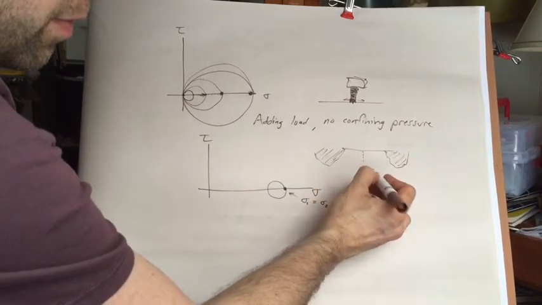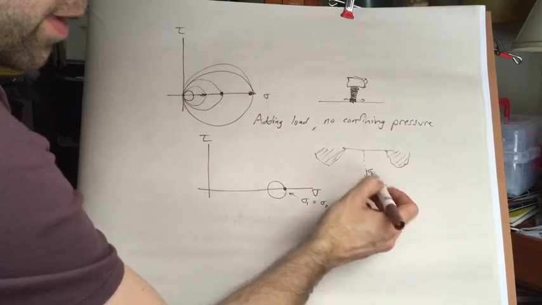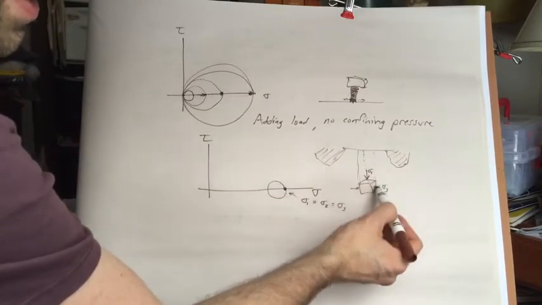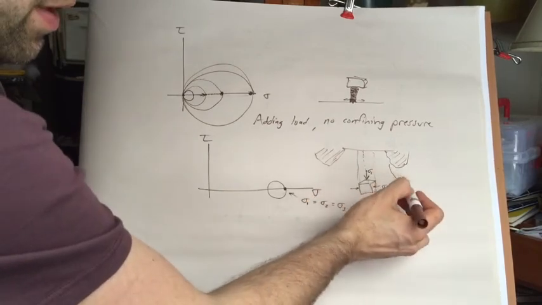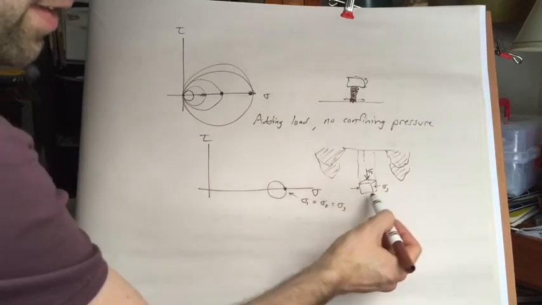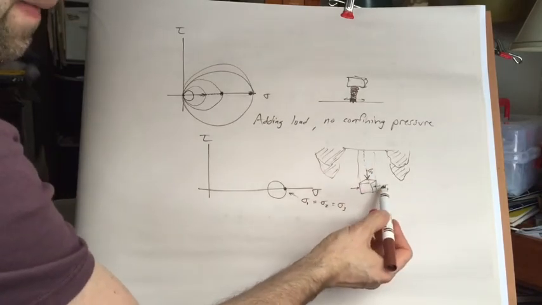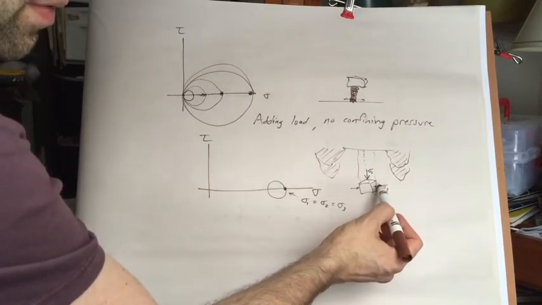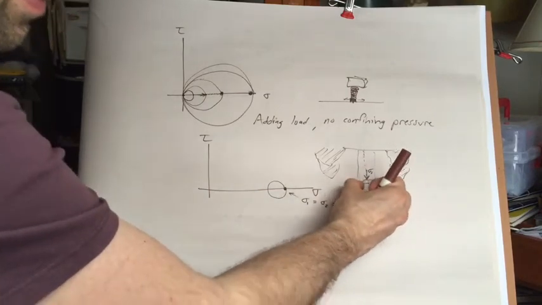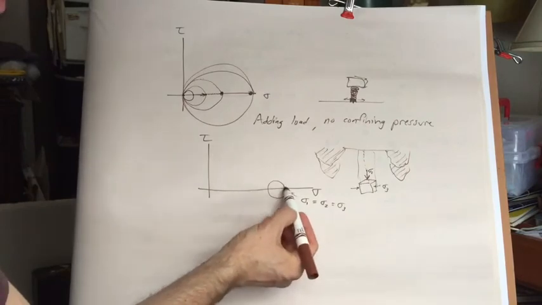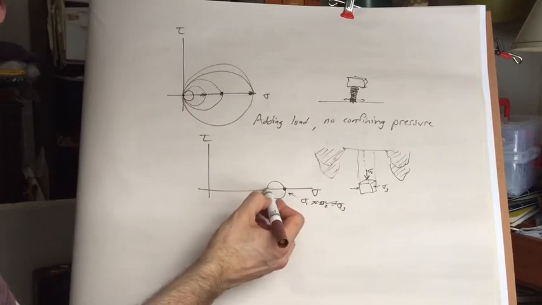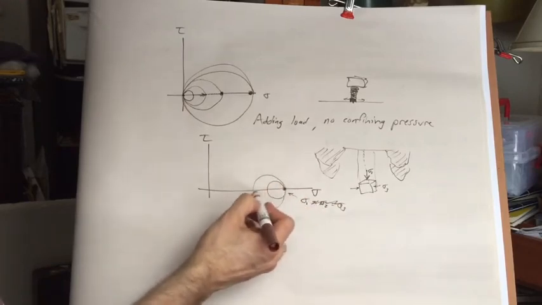So let's say this is sigma 1. So sigma 1 is the stress due to this overlying column of rock. That's not changing. But as we excavate on the sides of this pillar, there's less and less force there to support it on the sides. So sigma 1 doesn't change, but sigma 3 is getting smaller and smaller.